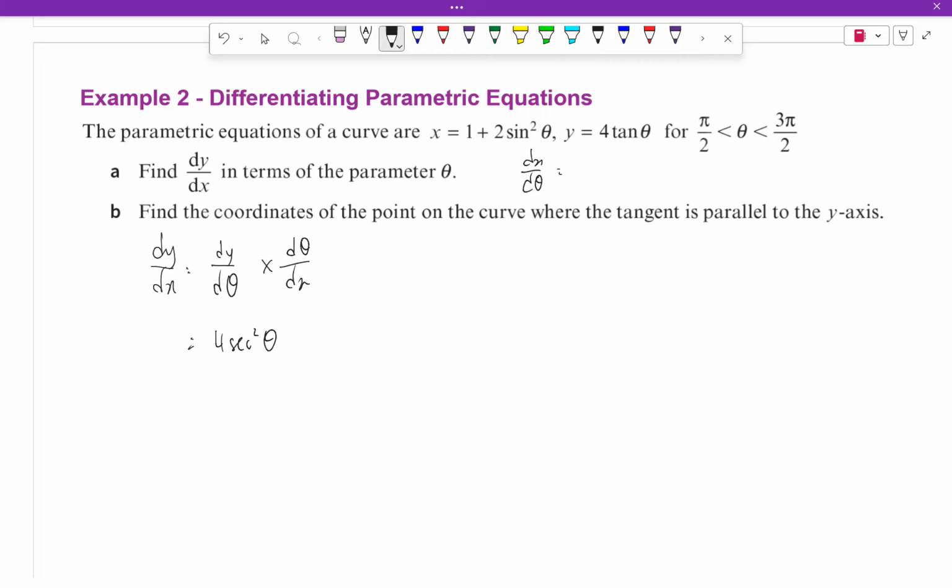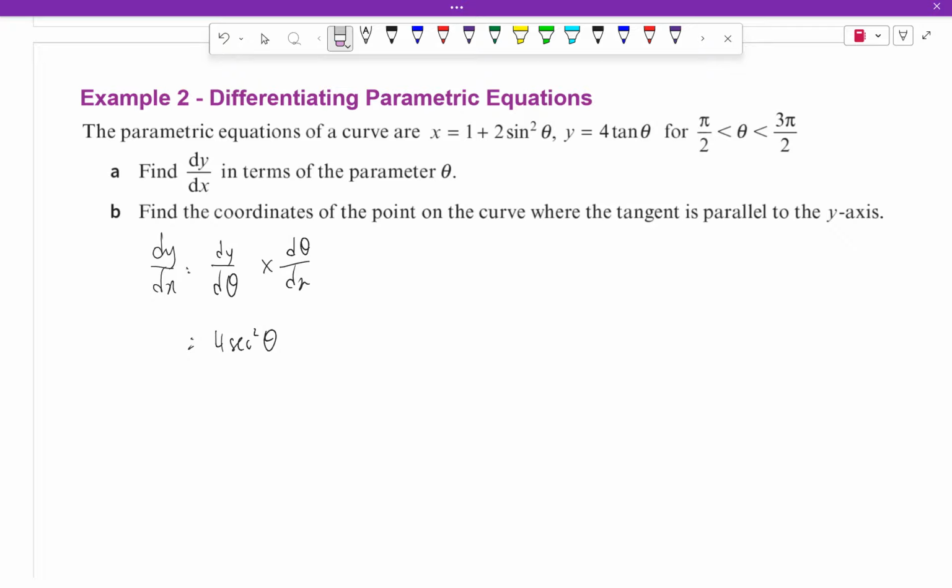Alright. So in this case, let me get the formula sheet out. Okay. So in this case, let's change our x using the double angle formula.